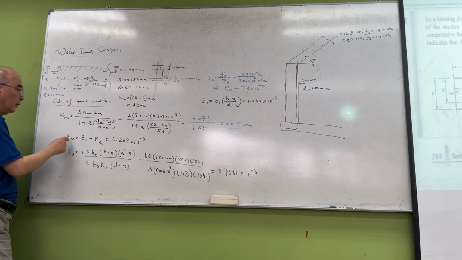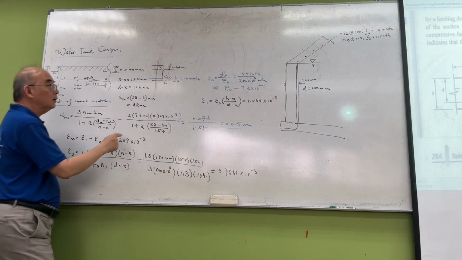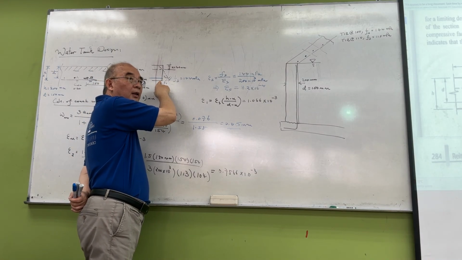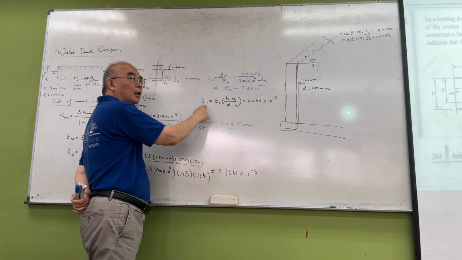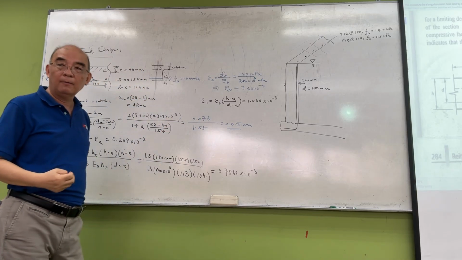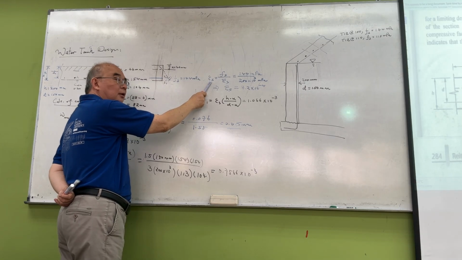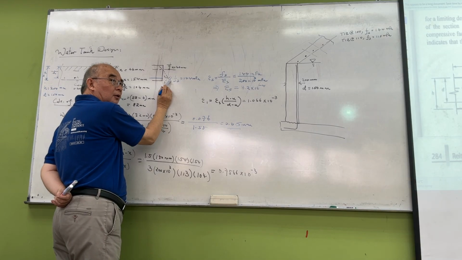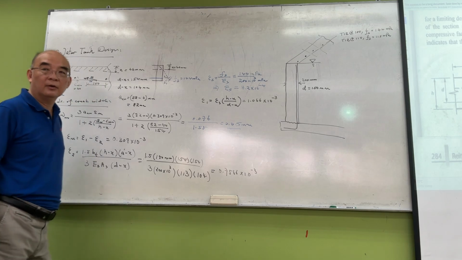So here, epsilon m is epsilon 1 minus epsilon 2, and epsilon 1 is the strain at the soffit of the slab, where the crack is. How do you get epsilon 1? Based on epsilon s, that means the rebar strain. We have the rebar stress here, we calculate the rebar strain, the strain at this level. But the strain at the concrete is bigger, by a factor of h minus x divided by d minus x.